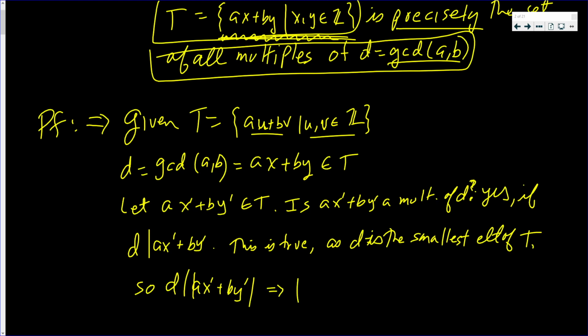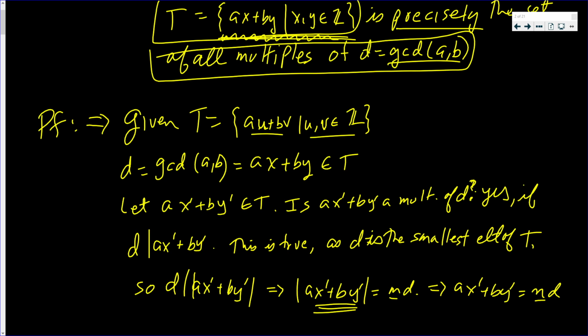But that implies that the absolute value of this linear combination is a multiple of D. But that implies, I don't care if this is positive or negative, that this is a multiple of D. These m and n don't need to be the same.